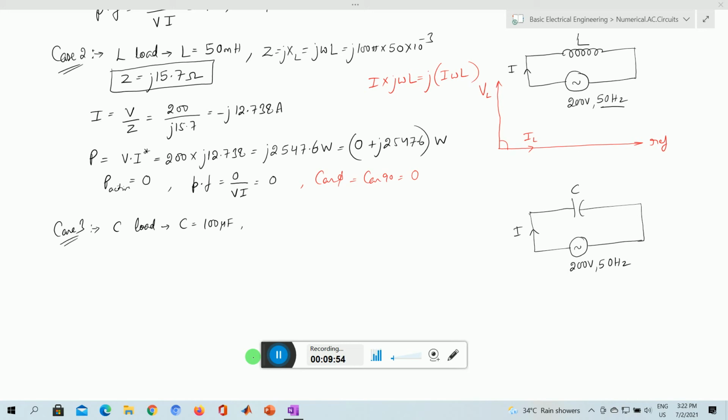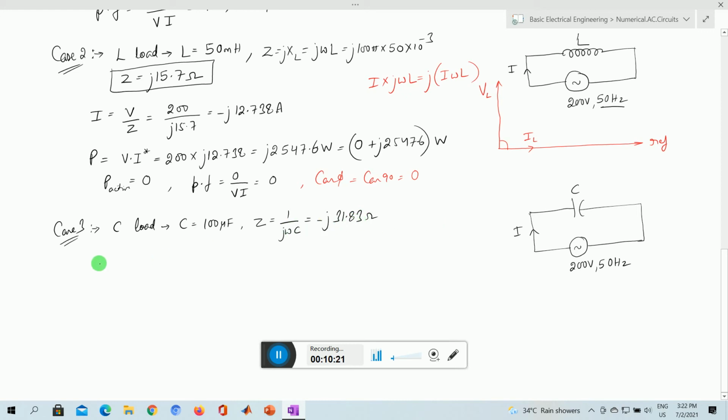So the value of the impedance Z will be 1 by j omega C. Now if we substitute the value, we take the j to the top. It will be minus j 31.83 ohms. So we get the value of Z as negative.